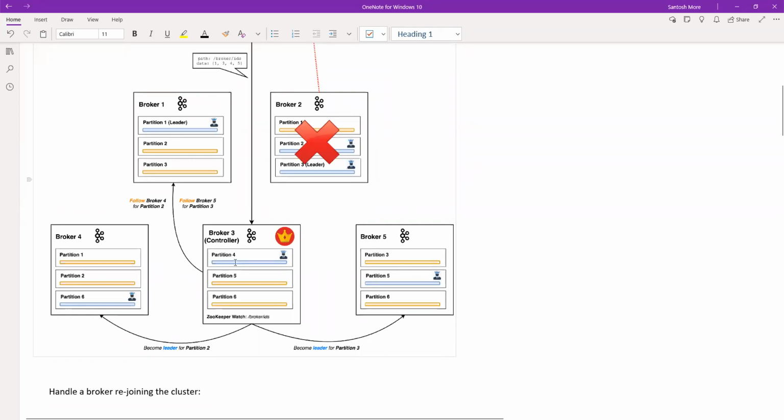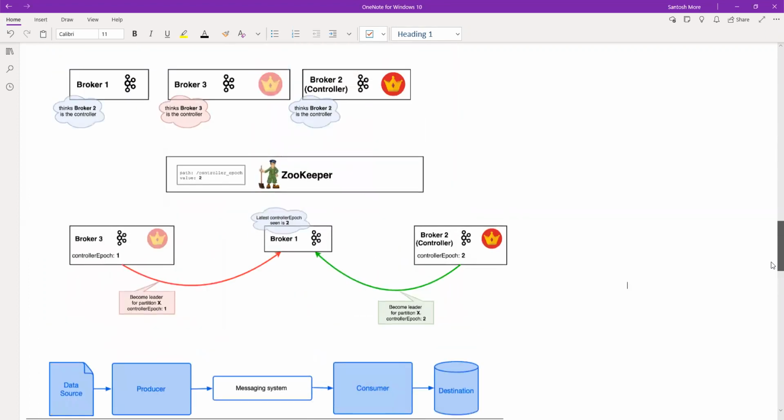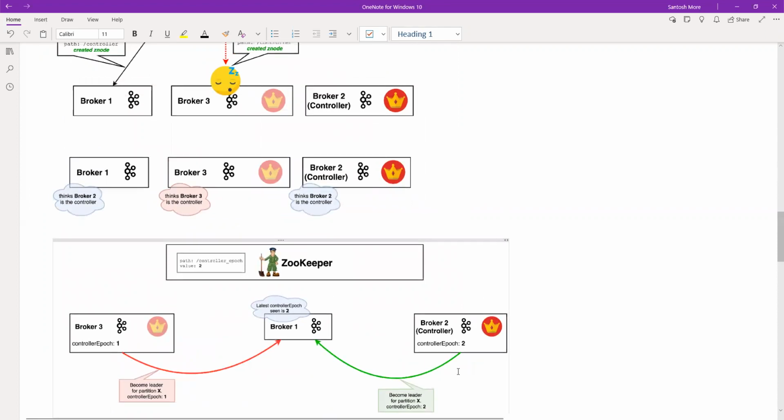No, let's say that broker 2 was not down, but it has some slowness, and the cluster decided that broker 2 was down, but broker 2 was not down, it was just slowness, like a GC pause or something like this. Okay, so the controller elected a new leader for a particular partition, let's say broker 3 is now the leader for partition 2, but after some timeout, broker 2 comes back.